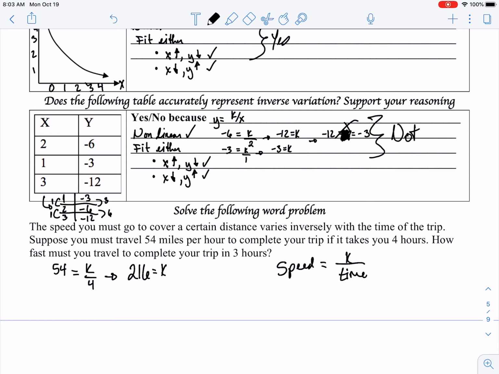How fast? So what's my speed needed? 216 over 3. And that is, speed must be 72. So again, not terrible.